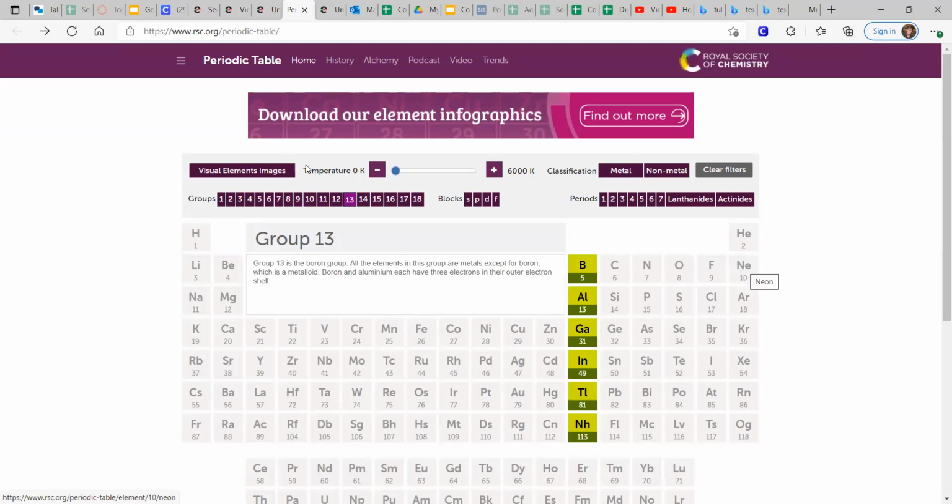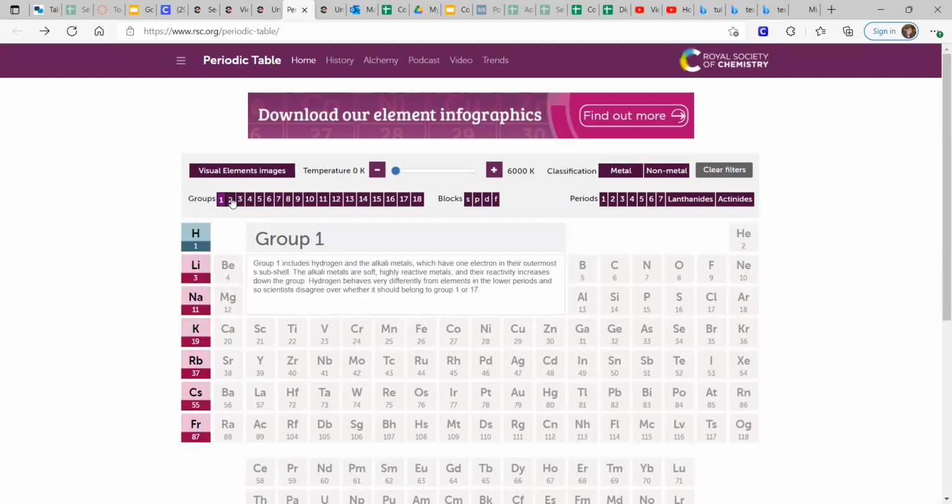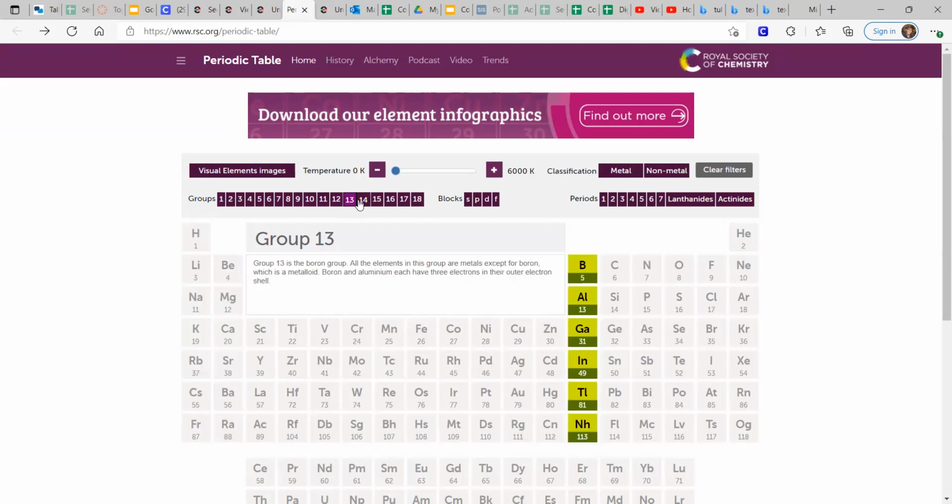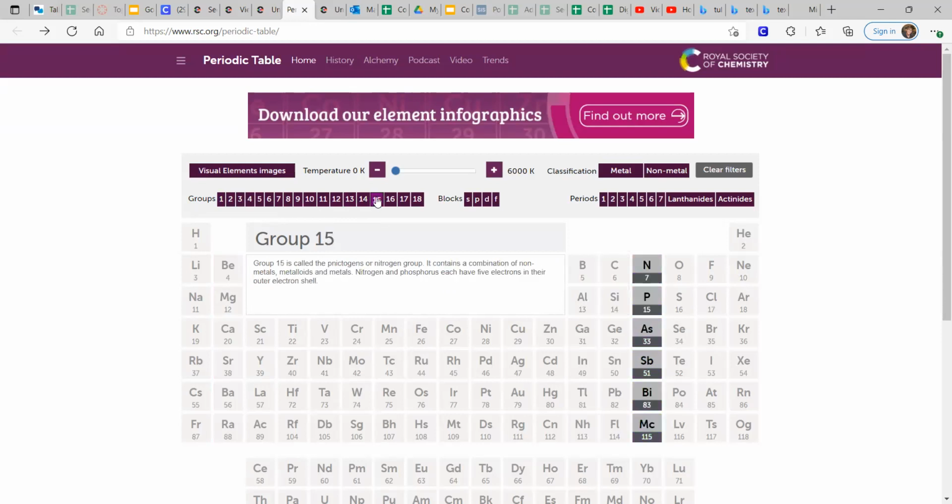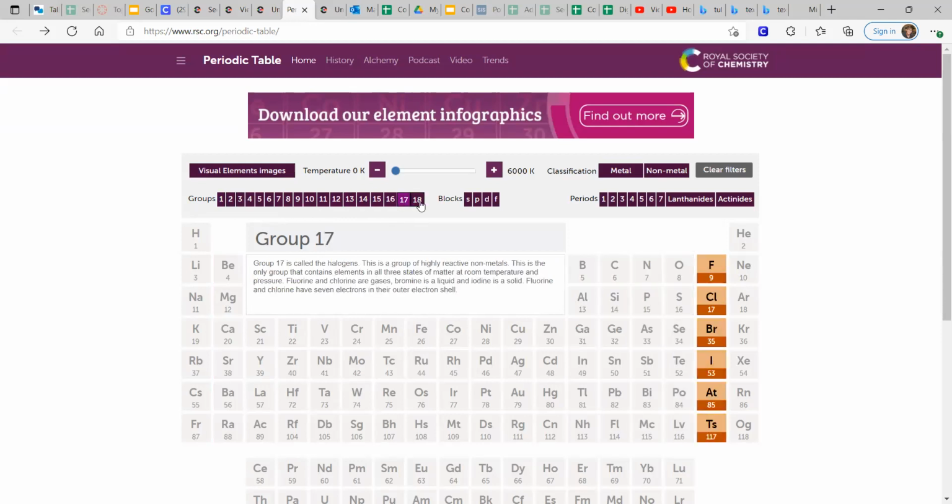So if you go by the group numbers, at least for the ones, and ignore the transition metals here, that will tell you how many valence electrons it has on the outside. So 1, 2, 3, 4, 5, 6, 7, 8.